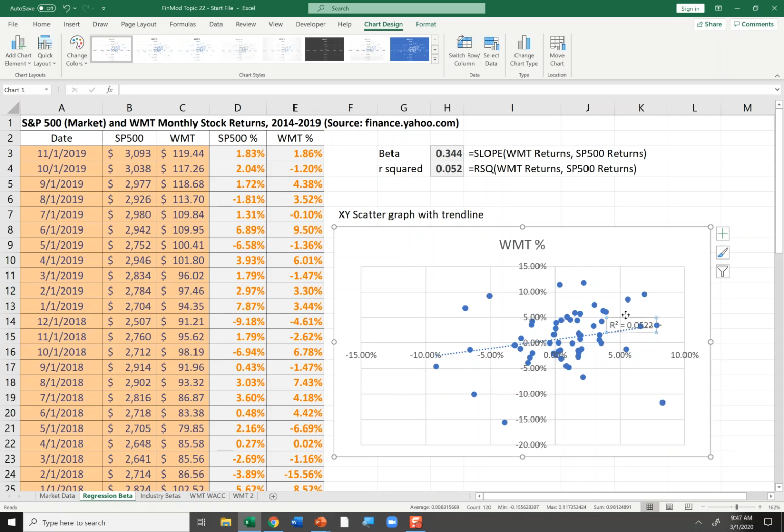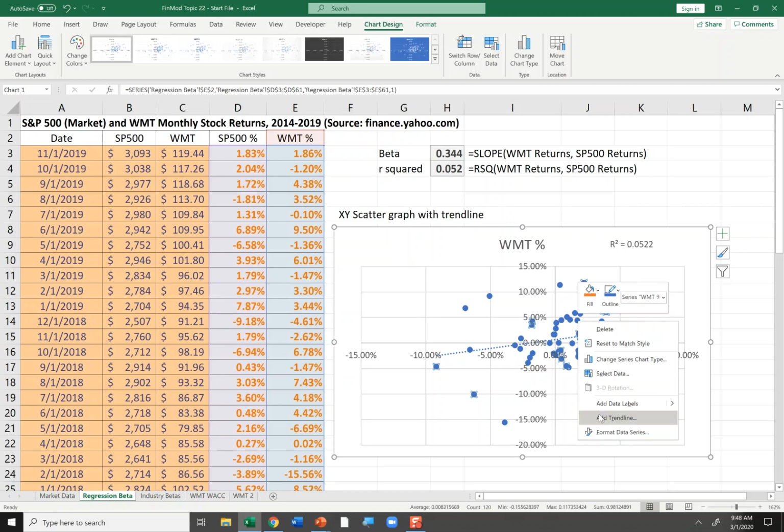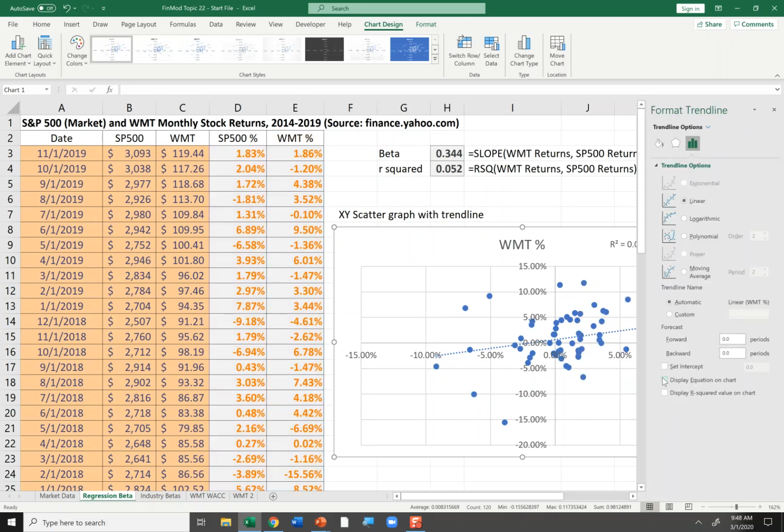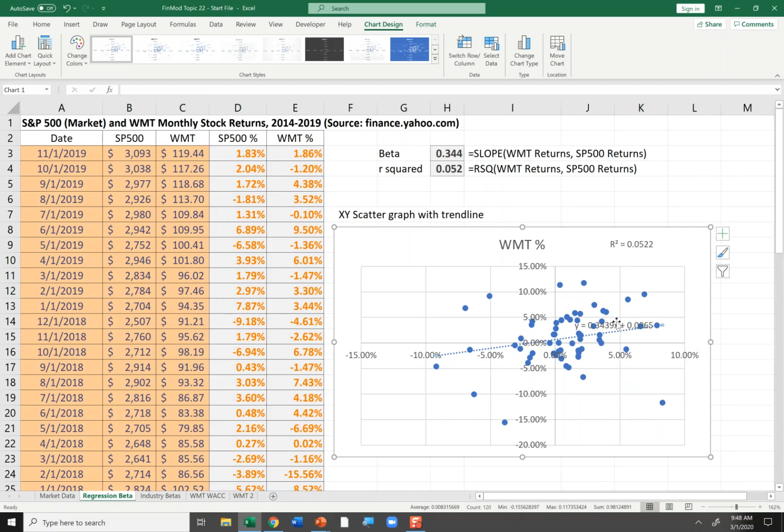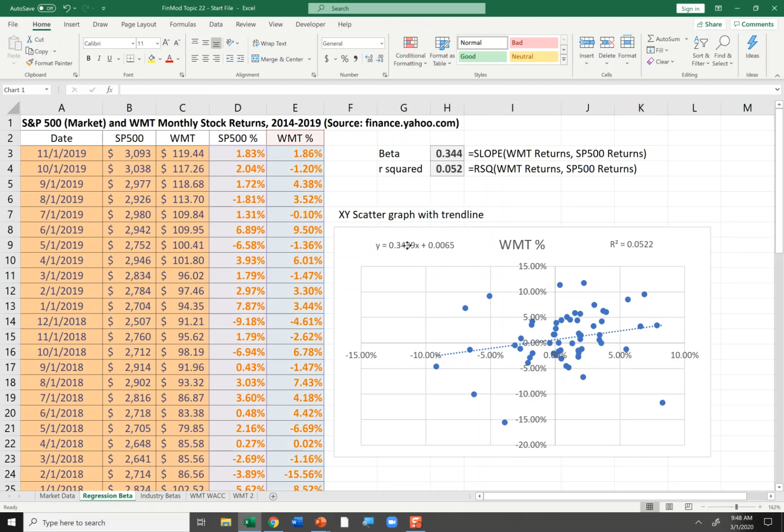And there I have my best fit line. There's my R squared. There's my equation. It's 0.3439 or 0.344. And so this is how you can get the beta of a stock, from the downloaded returns.